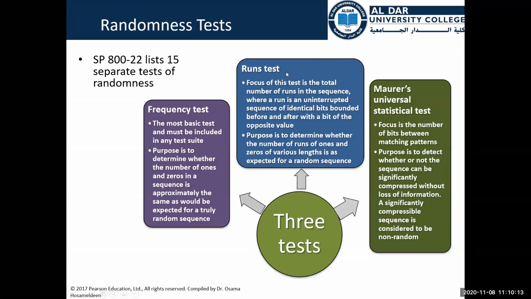The second one is the runs test. The focus of this test is the total number of runs in the sequence. This run means after a while, the algorithm will repeat itself. This is one run.